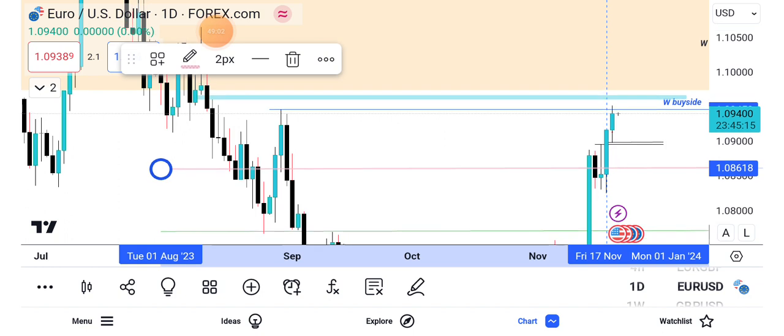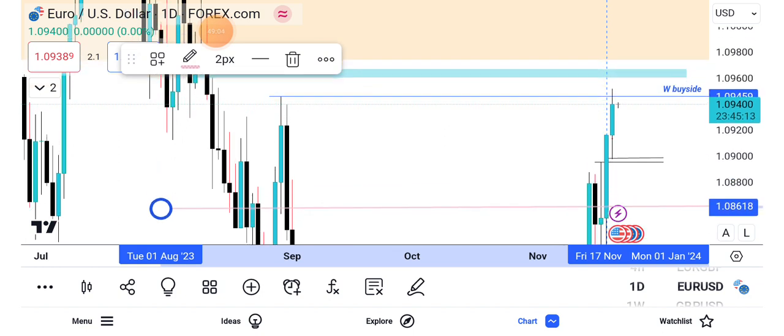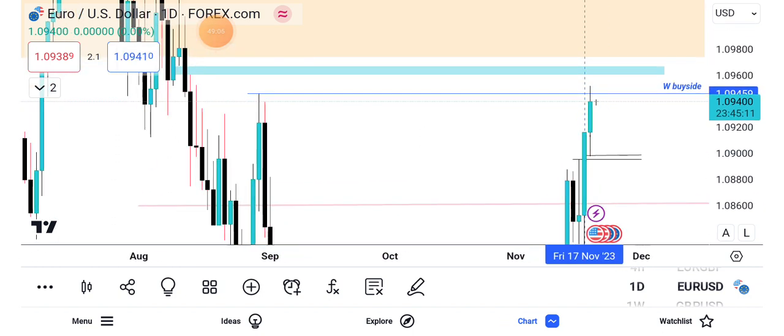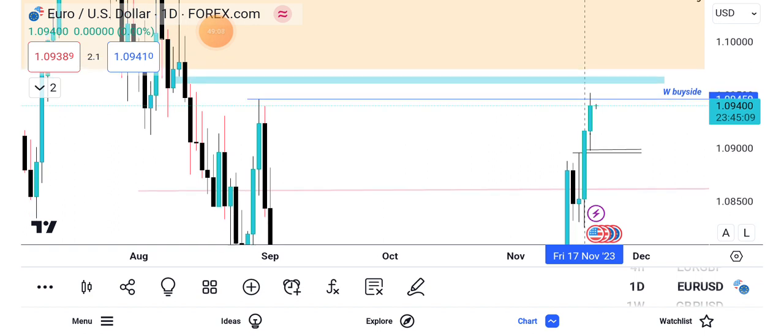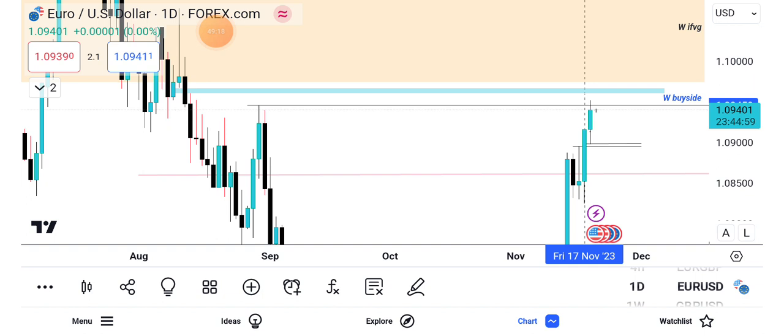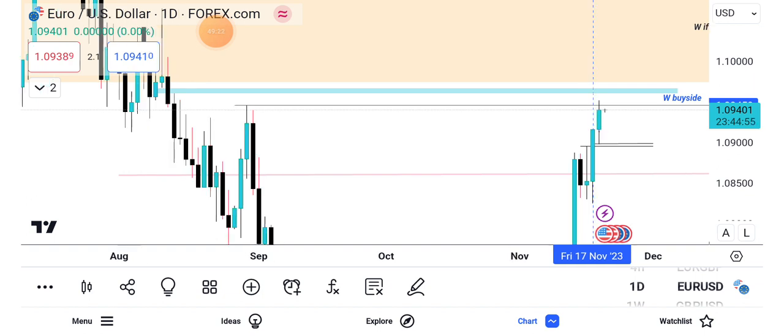So we have that small fair value gap. We'll want to see how price reacts. If it trades lower, then the rest of the week we will rally up. We'll see that play out.